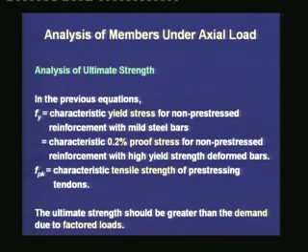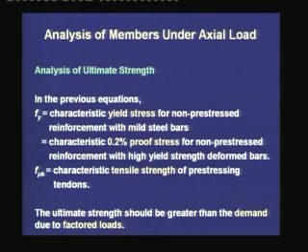The 0.2 proof stress is obtained by drawing a line parallel to the initial modulus, and it starts with a plastic strain of 0.002. Wherever this parallel line intercepts the stress strain curve, the corresponding stress is termed as the 0.2% proof stress. Fpk is the characteristic tensile strength of the prestressing tendon.